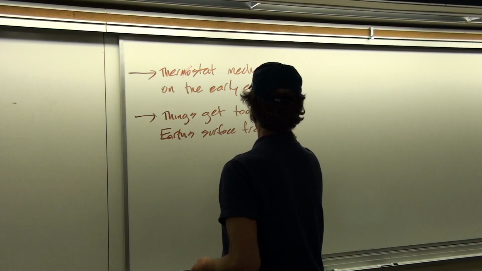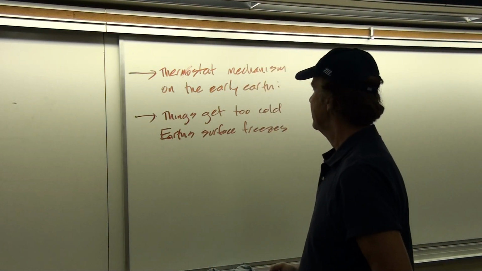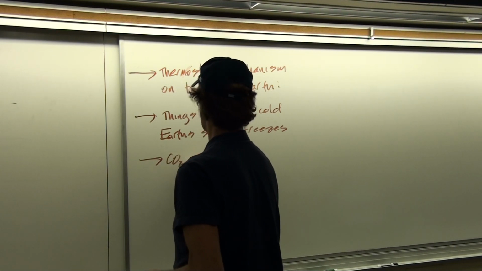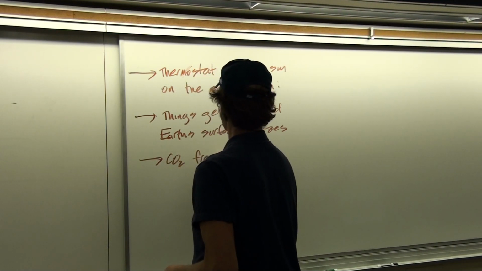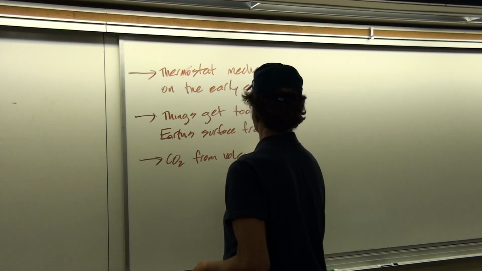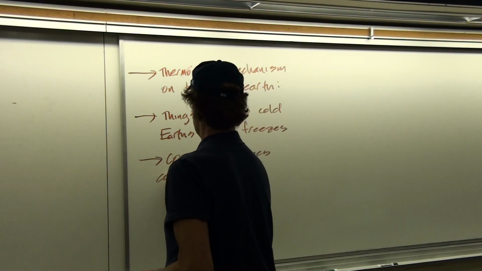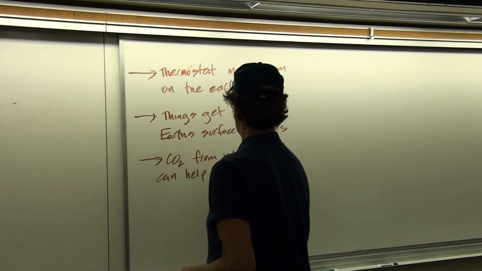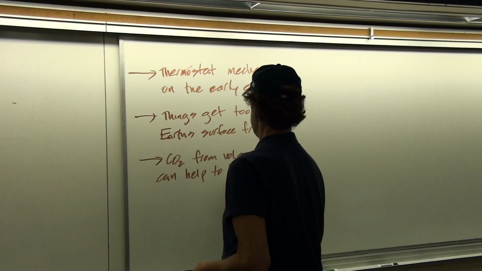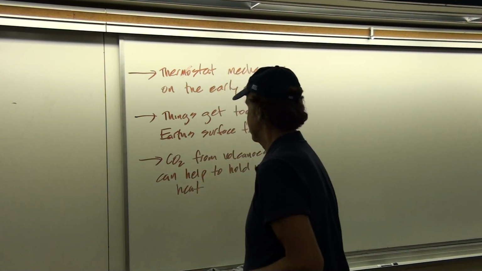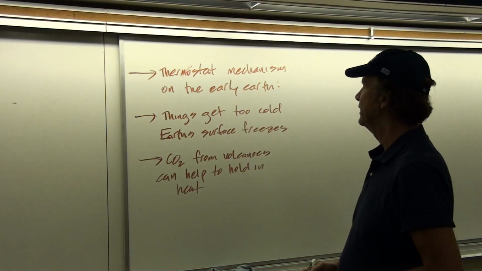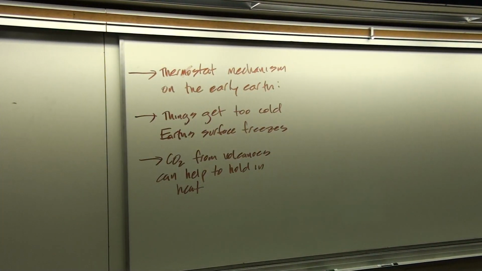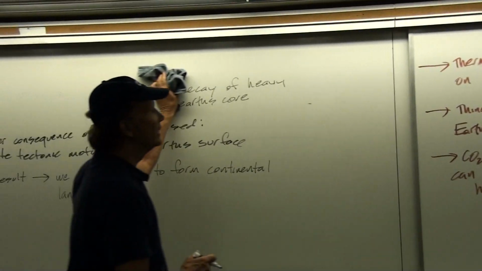And then atmospheric CO2 from volcanoes can help to hold in heat, as I described before, ending the snowball Earth phase. But what if things get too hot? Turns out that the Earth can handle that too.